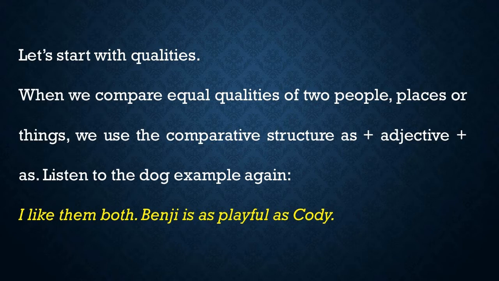Let's start with qualities. When we compare equal qualities of two people, places, or things, we use the comparative structure as plus adjective plus as. Listen to the dog example again. I like them both. Benji is as playful as Cody.